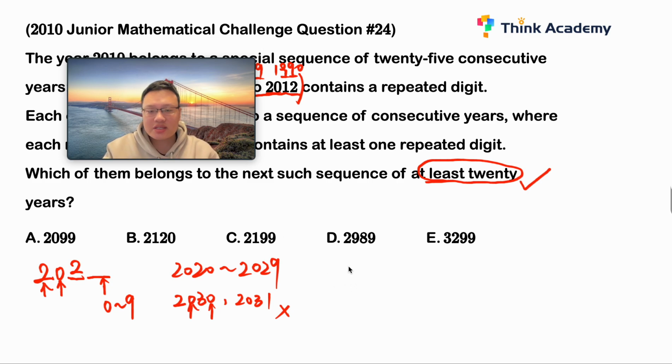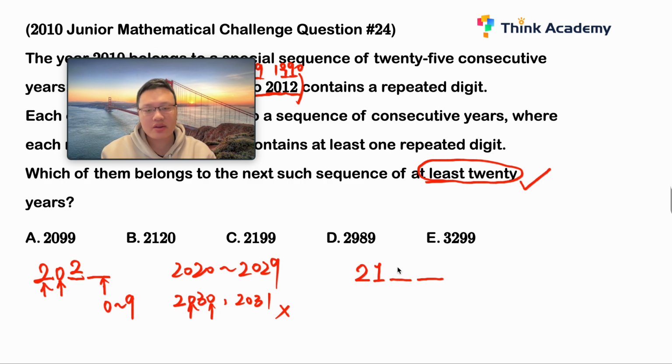And then you will see that it's not possible for the tens place to equal some other numbers because you want it to equal either 2 or 0, right? So next, we're going to consider what if we change the hundreds place into 1, and is it possible we get such a sequence that has at least 20 years? Let's see 2 and 1, because we want the next sequence.